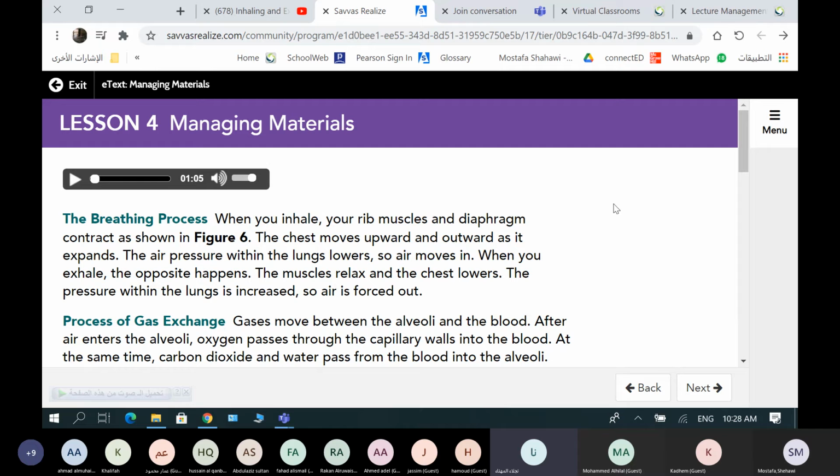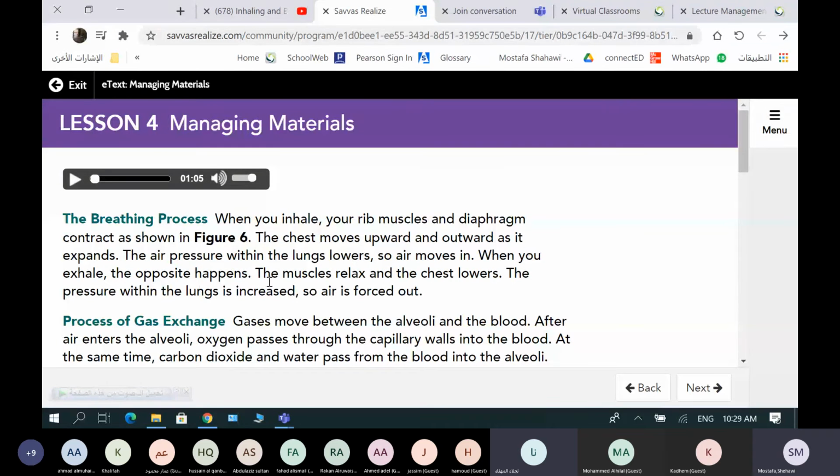When you inhale, your rib muscles and diaphragm contract, and as shown in figure 6, the chest moves upward and outwards as it expands. The air pressure within the lungs lowers, so air moves in. When you exhale, the opposite happens.